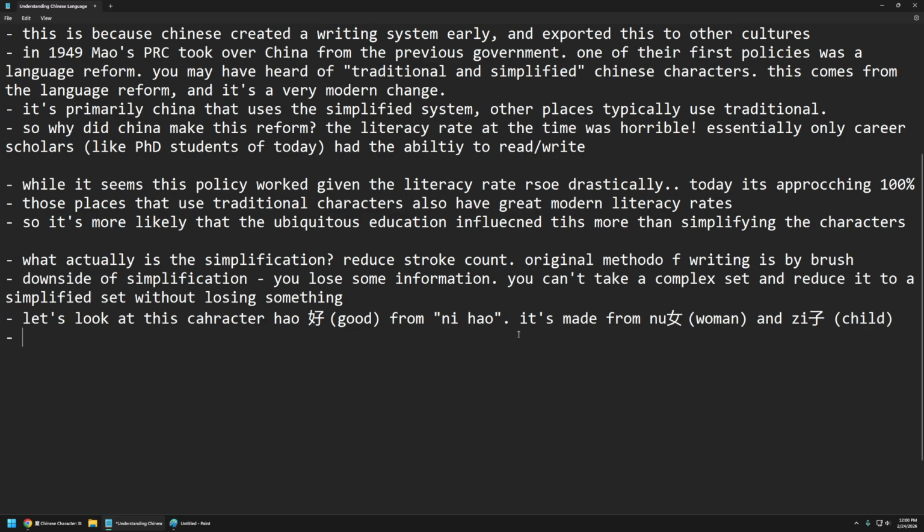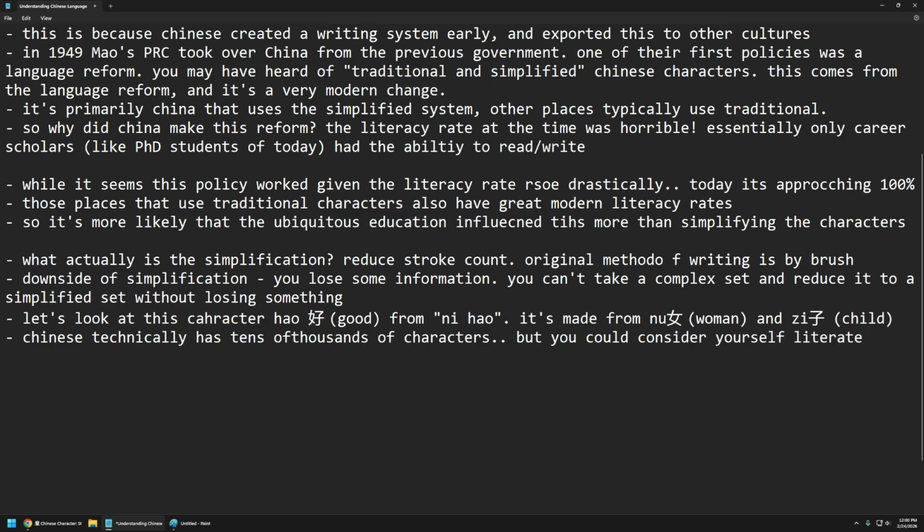So Chinese technically has tens of thousands of characters, but you could consider yourself literate, even fully literate, if you know even 2,000 to 3,000. And most of them are going to be compound characters such as this one.